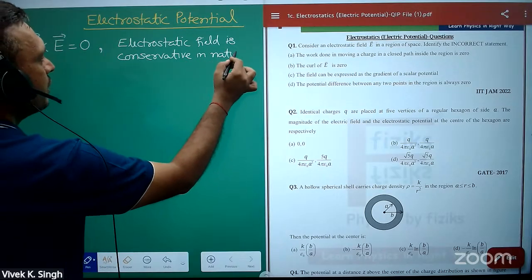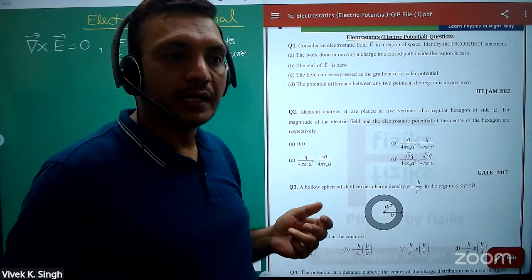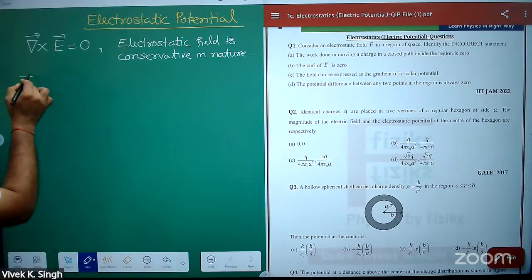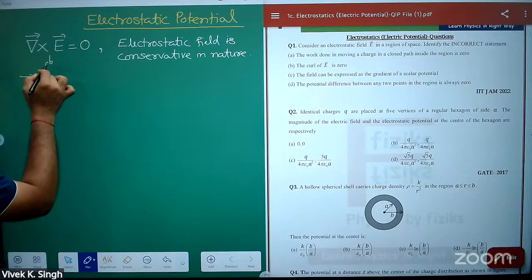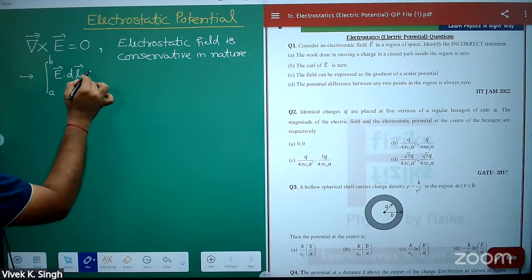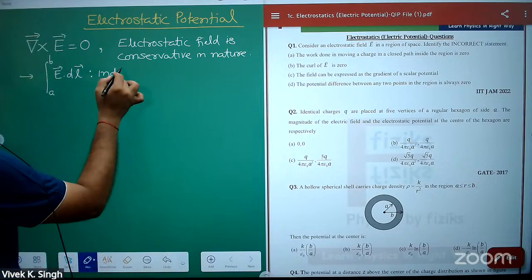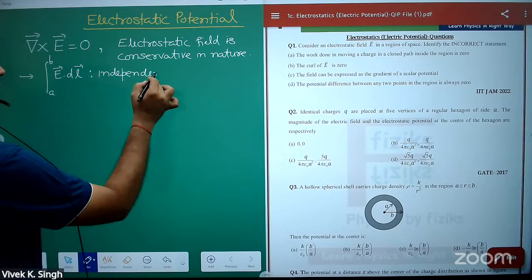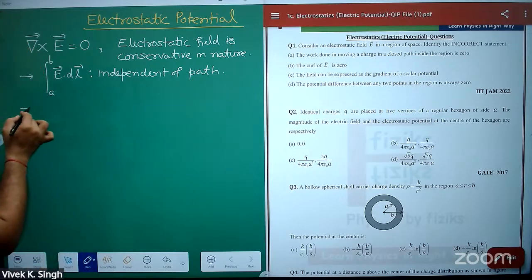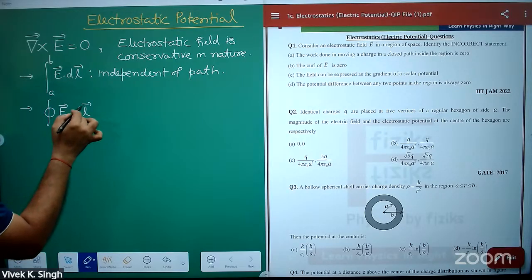And you know the properties of conservative fields: curl will be 0, the line integral is independent of path, and the closed line integral will be 0. So in an electrostatic field, from A to B, the integral of E dot dl is independent of path, and closed integral of E dot dl is always 0.